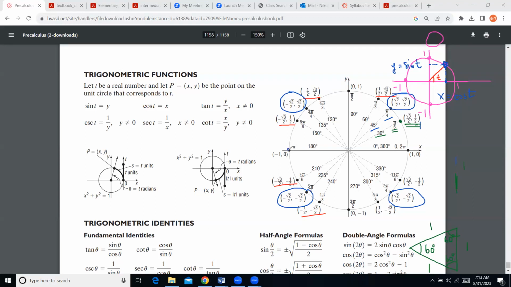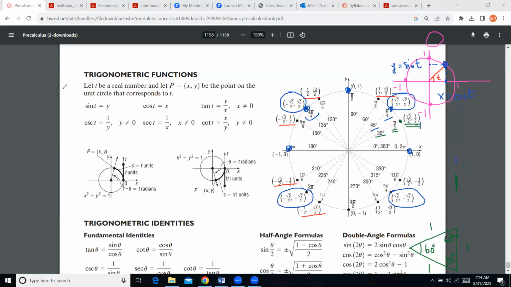If you break this pi angle into 4 equal pieces, then one of them will be pi divided by 4. Or if you take 2 of them, there will be 2 pi over 4 or pi over 2. Or if you take 3 of them, it'd be 3 pi over 4. That corresponds to 135 degrees. And so forth. You can keep adding 45 degrees and get some more values.